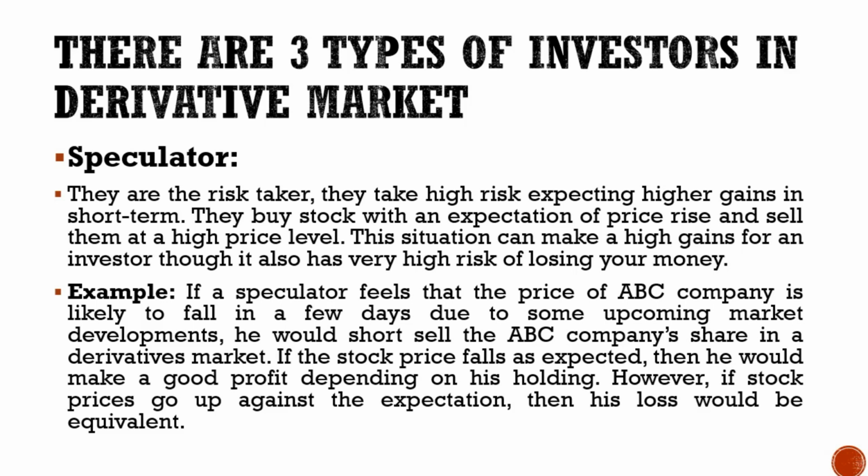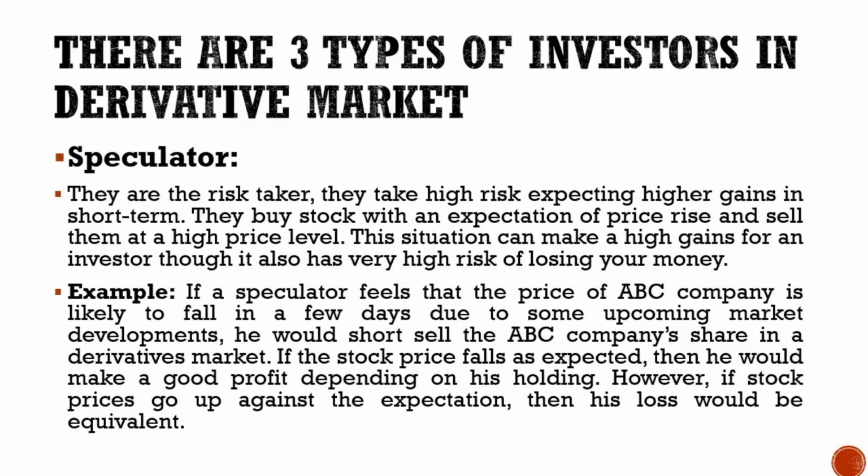They buy stock with an expectation of price rise and sell it at a high price level. So it is basically like betting. You are expecting that the price of a particular asset will increase in a short period and you're trying to bet on that.